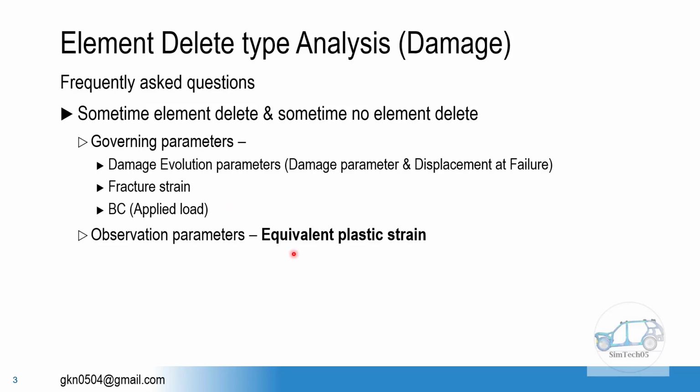And the observation parameter is our equivalent plastic strain. Sometimes even if my simulation is correct, I mean the parameters of the simulation are correct, but due to some reason the damage is not occurring, it should occur as per the experiment, but it is not occurring within the simulation. Then we can observe the reason with the help of plastic strain, the equivalent plastic strain. That's why I am calling this parameter an observation parameter.